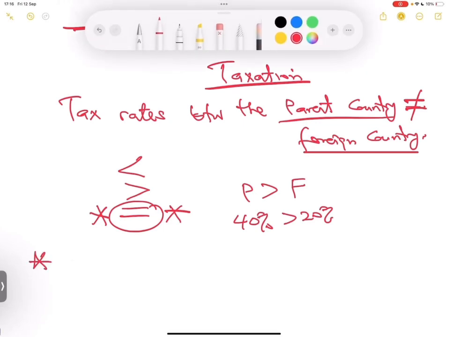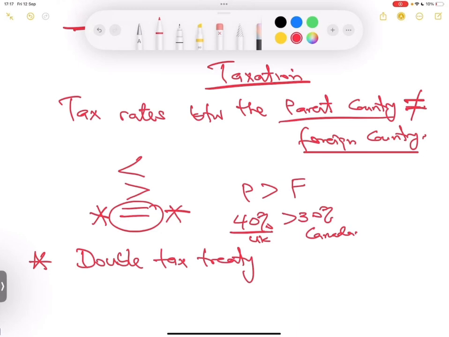Because mostly, what exists in your syllabus is the concept of double tax treaty. If you don't know what this means, it's just a situation whereby you have two countries coming together and having an agreement about how taxes will be treated in a way to avoid double taxation. So if you are paying 40% in the UK and you are paying, let's say, 30% in Canada, and you are a UK company, yeah, the parent is a UK company.